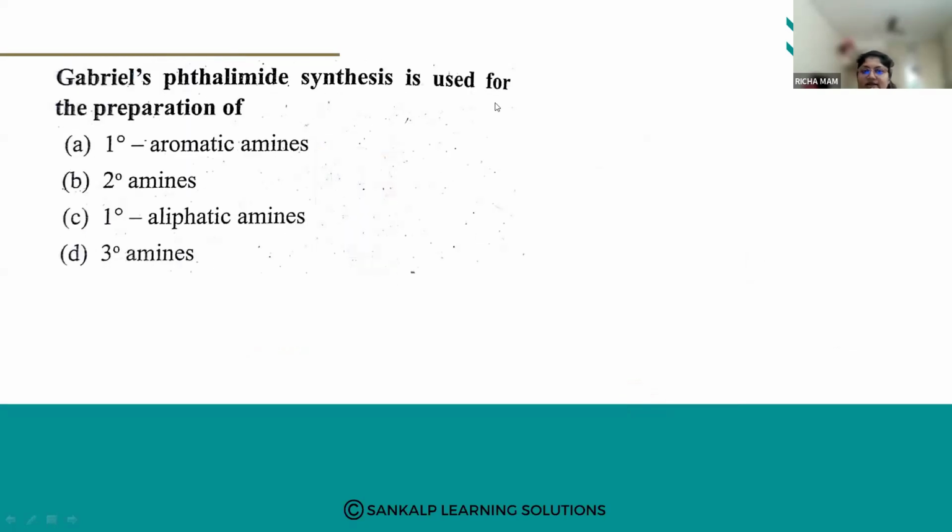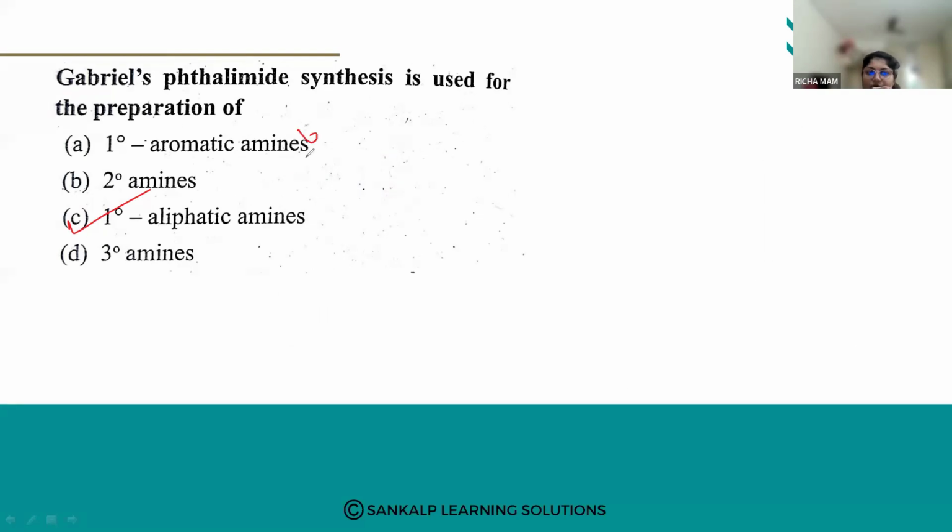Gabriel phthalimide synthesis is used for the preparation of: A. Aliphatic and aromatic amines, B. Secondary amines, C. Primary aliphatic amines, and D. Tertiary amines. So we have seen this. Gabriel phthalimide synthesis is used for the preparation of primary aliphatic amines.